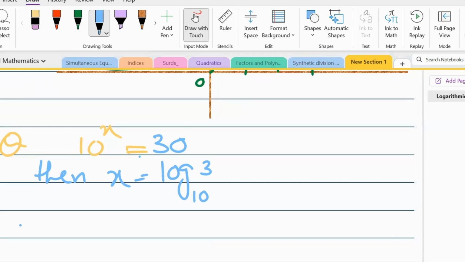How can you read it? You can read it as log 30 to base 10. This is called the base, and this is called log 30 to base 10.